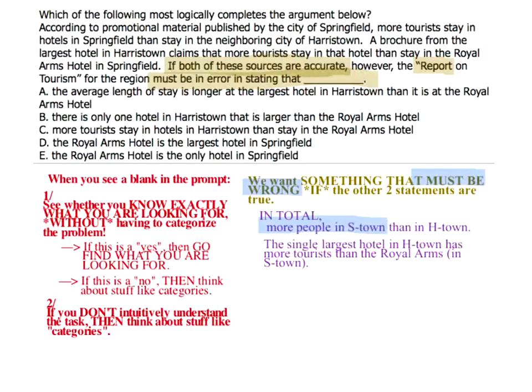But there is a place in S-town that doesn't have as many people as a place in H-town. So what do we know for sure? Let's flip this statement around: the Royal Arms by itself doesn't have as many people as this other H-town hotel does. By itself, the Royal Arms has fewer tourists than the number one hotel in H-town.